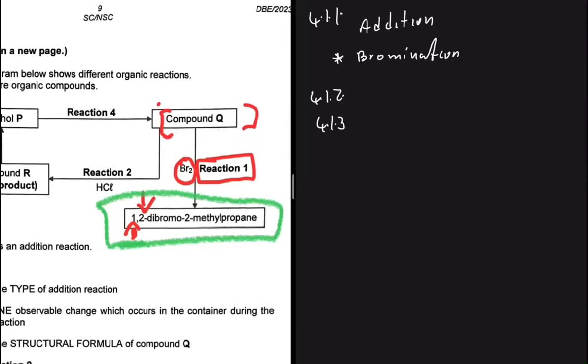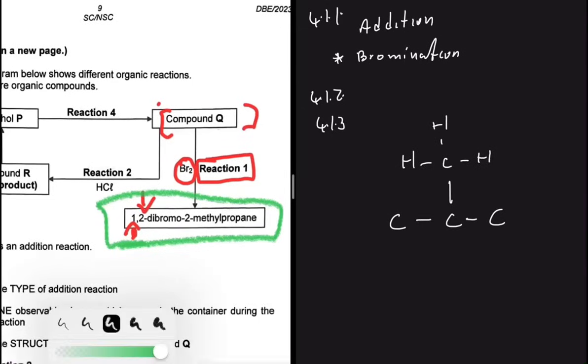So what am I saying? We have 1, 2, 3 carbons for propane, and on the second carbon we have a branch which is methyl, so we need only 1 carbon here. When we add Br2, one Br will be on the first carbon and the other Br on the second carbon. So there used to be a double bond there before we added Br2.